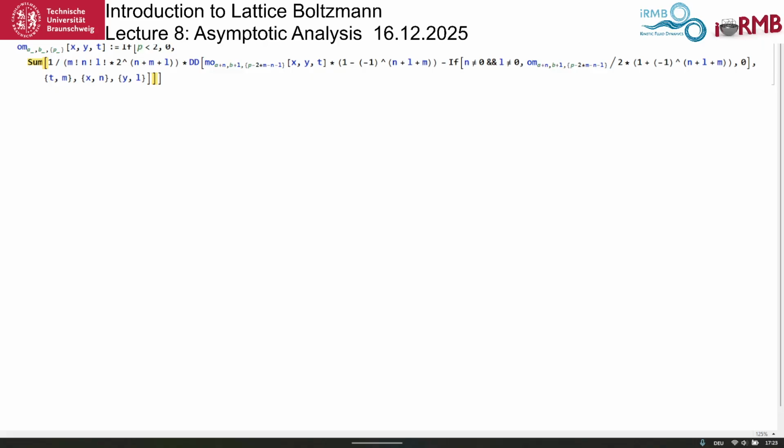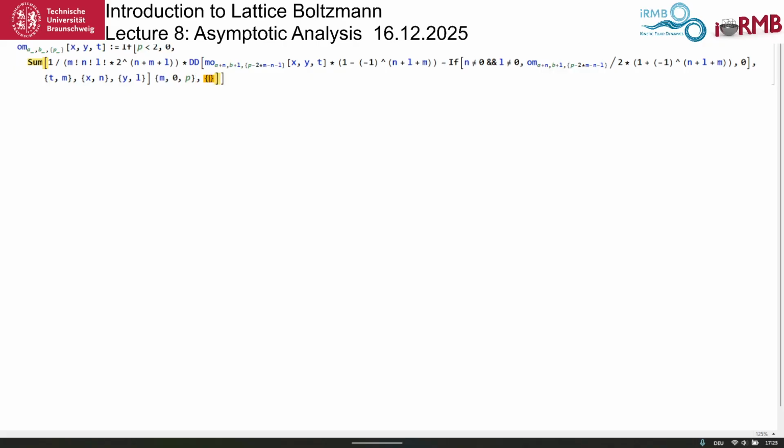Okay, so the highest order that can appear. Actually we have to sum to infinity, but the highest order that can appear because we subtract something is the start order, the order p, right? So we can sum m from 0 to p.